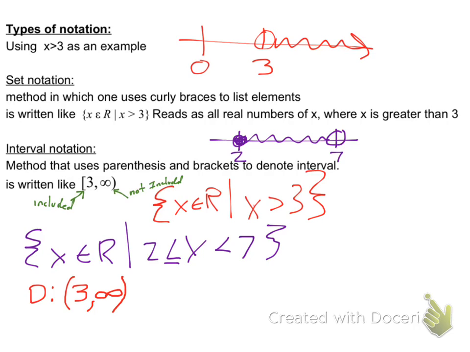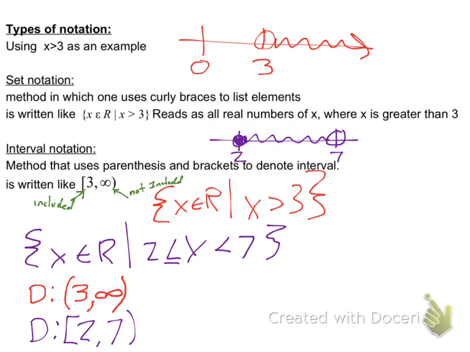Going to the purple one. So if I talk about the domain here, what are my endpoints? 2 and 7. I'm all the numbers in between, but can I be at 2? Yes, so I put a closed bracket. 7? No. Open.